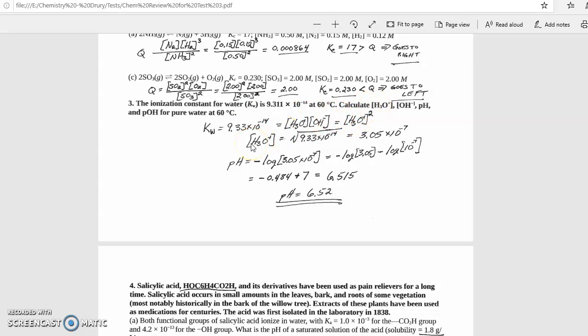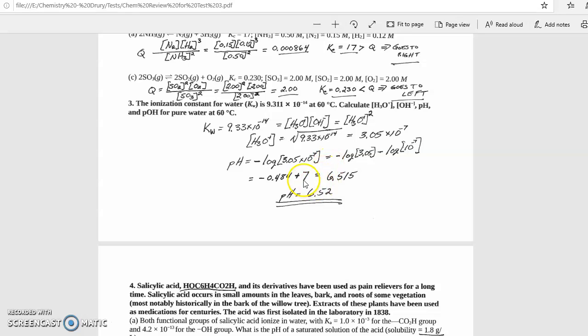So the concentration of this one is going to equal 3.05 times 10 to the minus 7th, right? And that's the same concentration that you're going to have for this one.